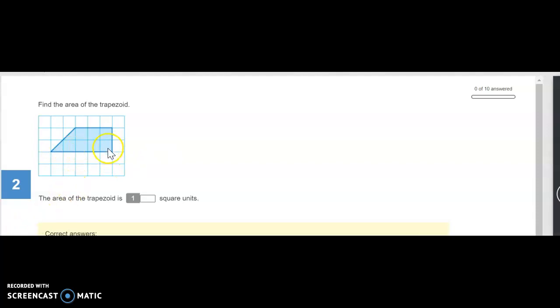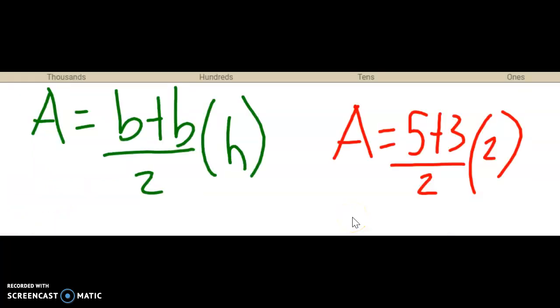Our height will be 1, 2. So when we plug in our formula, A equals 5 plus 3 divided by 2. Well, 5 plus 3 is going to give us 8, divided by 2 is going to give us 4, and 4 times 2 is going to give us our answer.